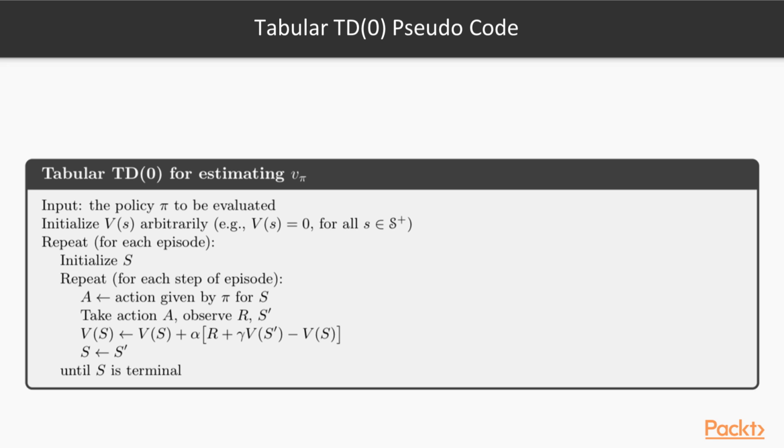Here we have the pseudocode for the tabular temporal difference one-step method. As you can see, given some experience following a policy, the agent updates its estimate of V for the non-terminal states occurring in that particular experience. Whereas in Monte Carlo methods you have to wait until the end of the episode to determine the increment to V, with temporal difference methods you only need to wait until the next time step.